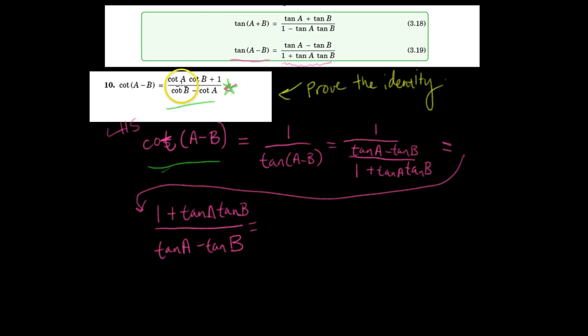So I'm noticing that if I multiply everything in both top and bottom by 1 over tan A tan B, and that's okay to do, this is a little algebra trickery. That's okay to do as long as you do it to everything.